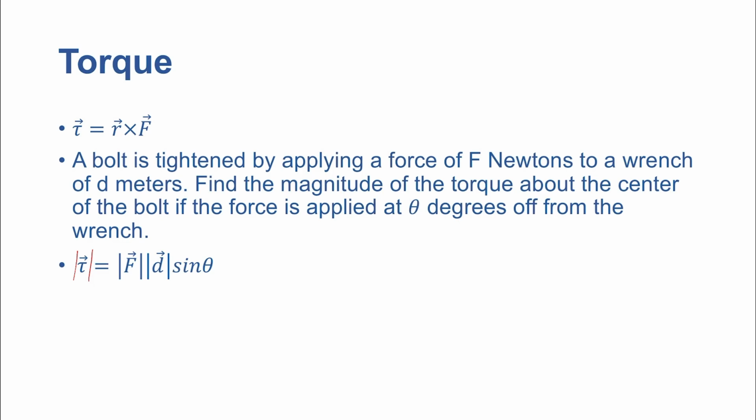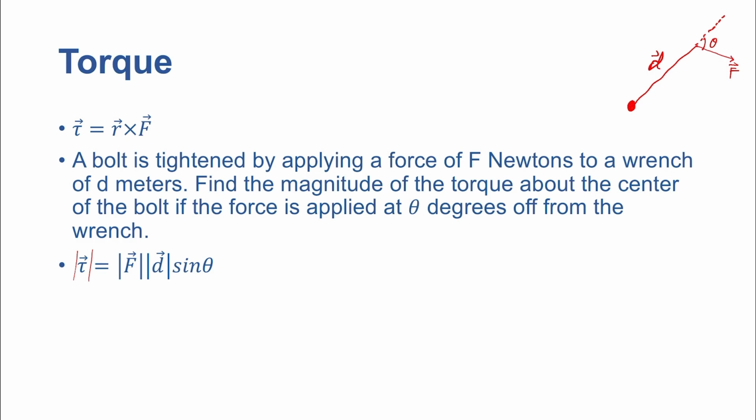Let's say a bolt is tightened by applying a force of F newtons to a wrench of D meters. Find the magnitude of the torque about the center of the bolt if the force is applied at an angle theta degrees off from the wrench. So if I have a position vector R, or that's my D, I guess, then my force is there, and then I have a theta off of the diagonal, and then there's our bolt.